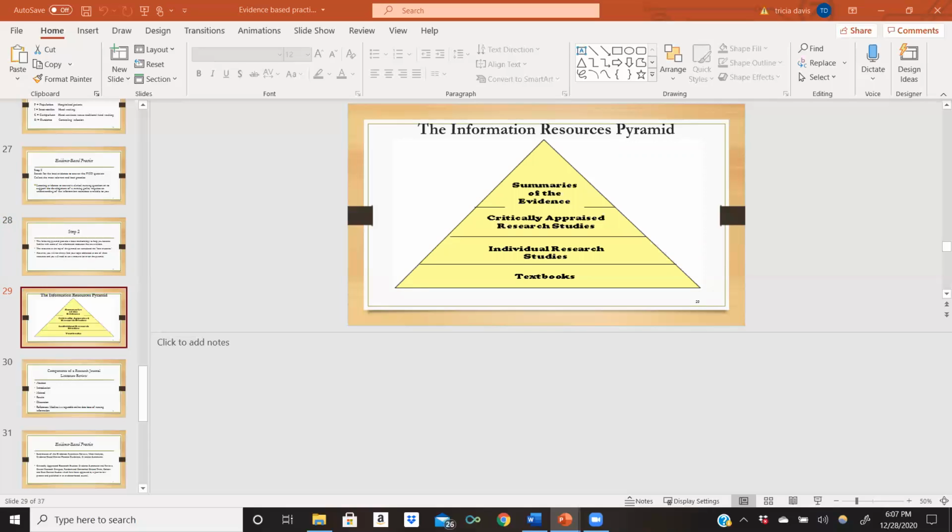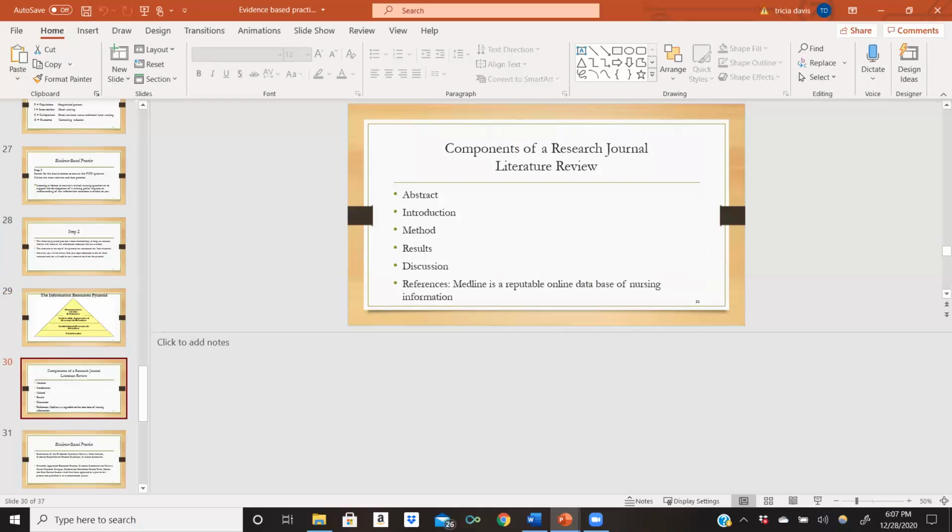So then you have to go down to other acceptable categories lower on the pyramid. So then you have critically appraised research studies, then individual research studies, and then you just have your textbook, okay? They're all acceptable, but obviously some are better than others, and you would gauge that by that pyramid.